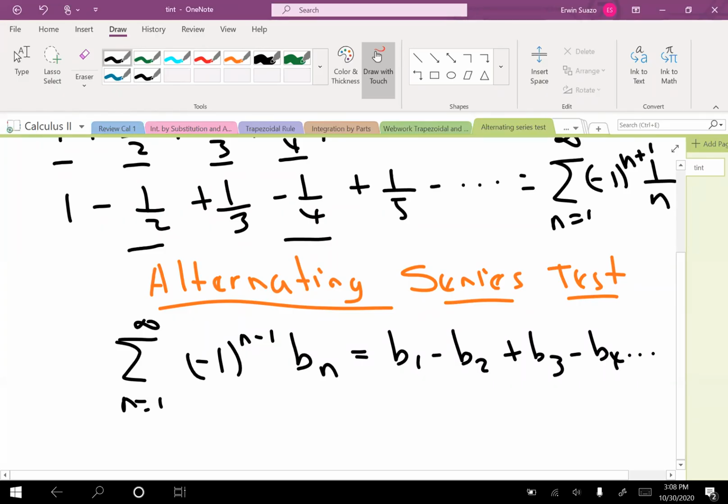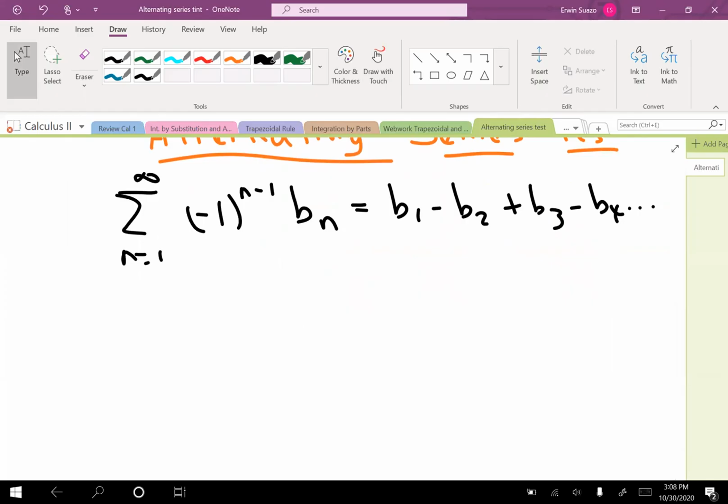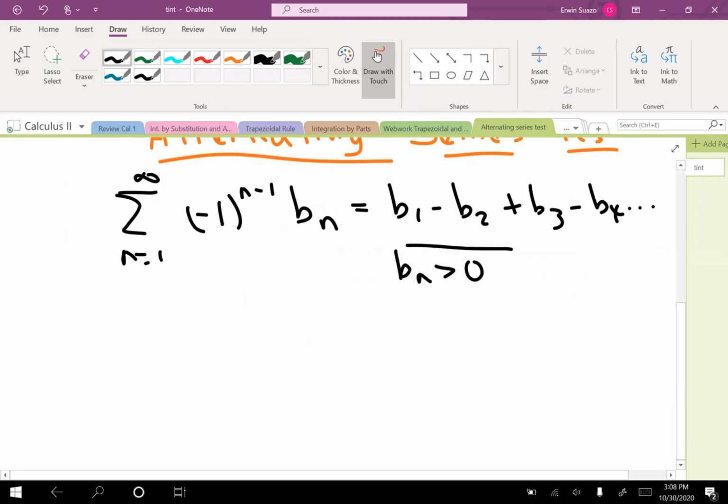So this is an alternating series, and here it is important that b sub n is bigger than 0. So you say b sub n is bigger than 0 and the series is alternating. You have to worry if these b sub n are positive or negative. They are positive. Notice that until now all these series were positive.